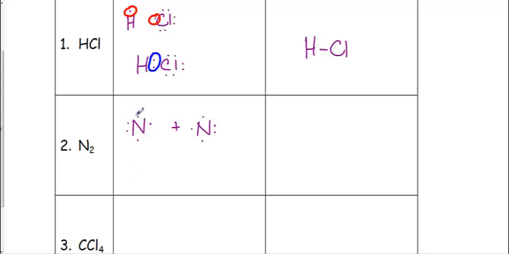And what we need to show here is that this electron, this one, and this one, and these 3 over here will have to share in order to form the bond. Okay, so if there's 3 unpaired electrons, that means that there will have to be 3 bonds formed between the 2 nitrogens. So that would show a triple bond.